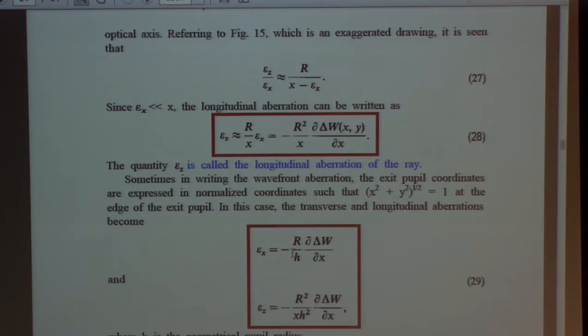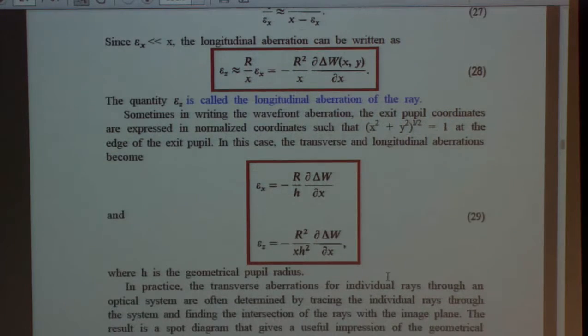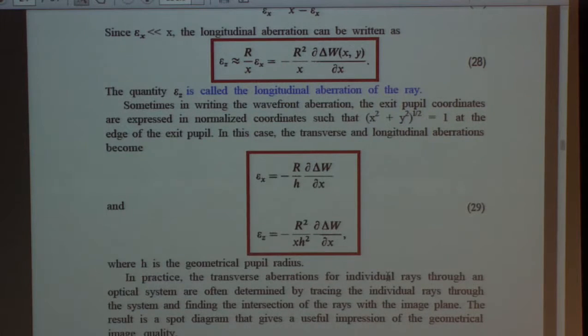So epsilon sub x is minus r over h times the partial of delta W with respect to x. So that would be a transverse aberration. And a longitudinal aberration would be minus r squared over x h squared times the partial of delta W with respect to x. So these will be our transverse and longitudinal aberrations.